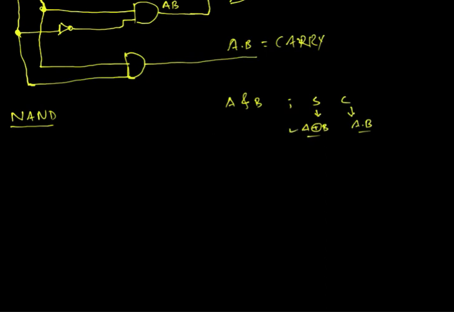For that, let's consider a NAND gate first. Here we are giving the inputs A and B. So the output will be A and B all complement. Now we are using another two NAND gates.